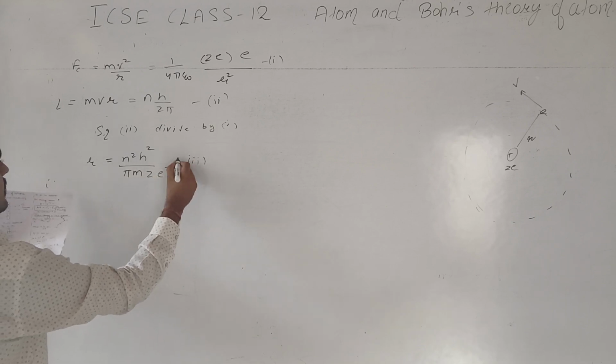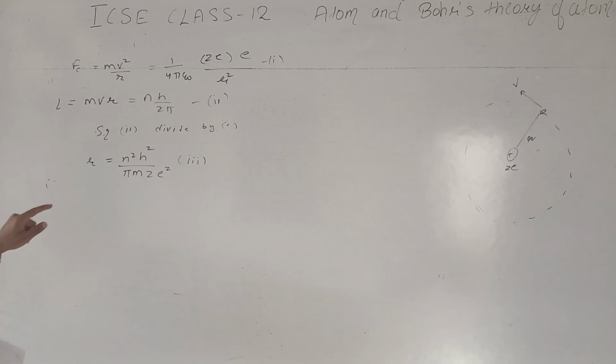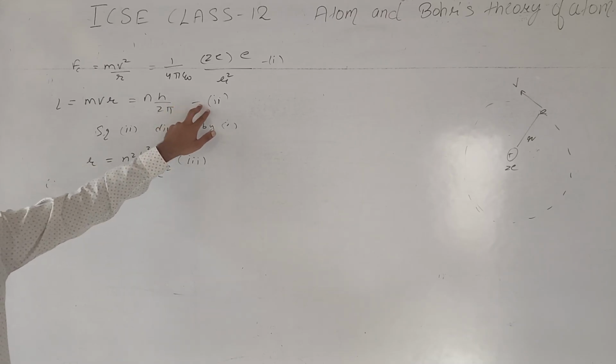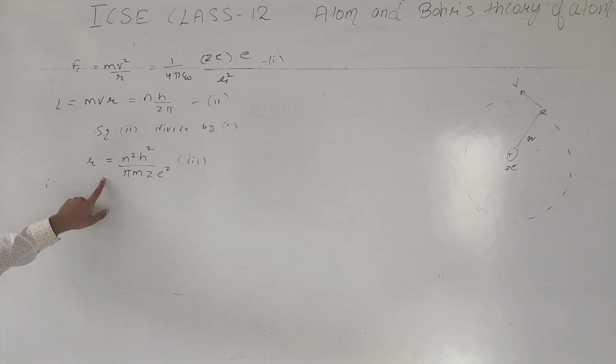Write it as equation number 3, which we get on dividing the square of equation 2 with equation 1.